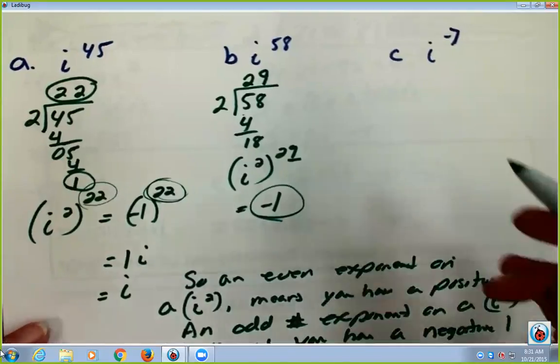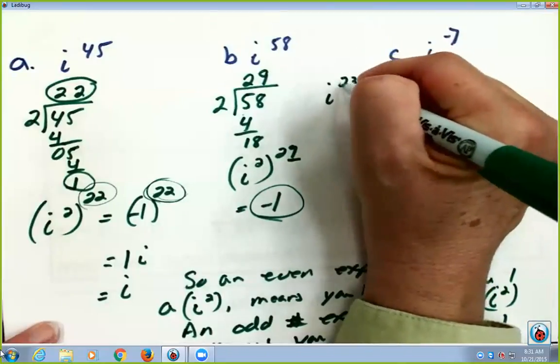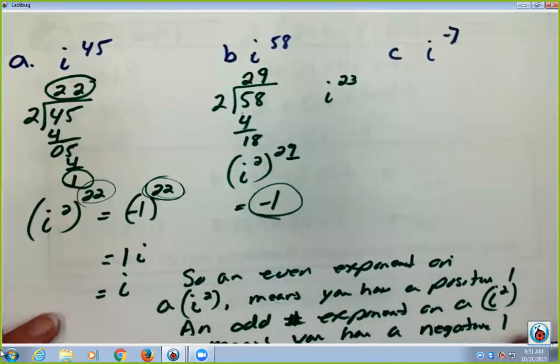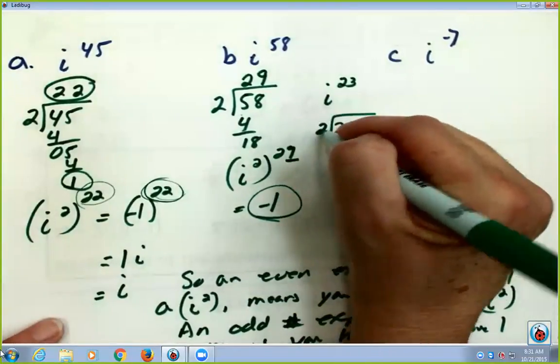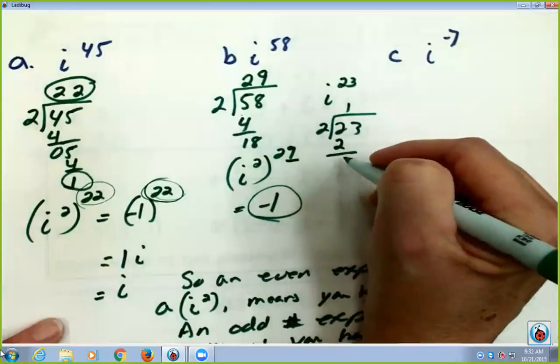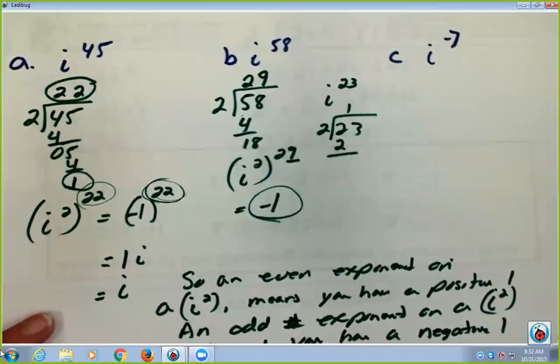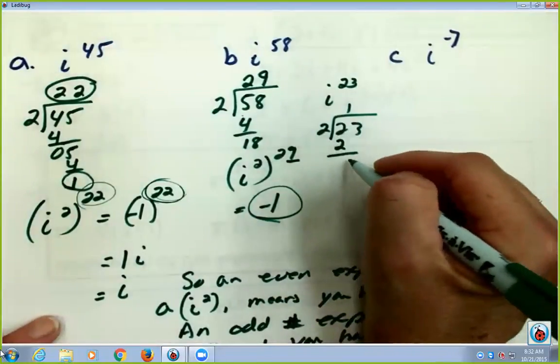So another one in here. What if I had i to the 23rd power? What would I have when I'm done with that one? So I'd take 23, divide it by 2. And the reason it's 2 is because every i squared equals a negative 1, and that's what helps me out with this. So I bring down my 3.